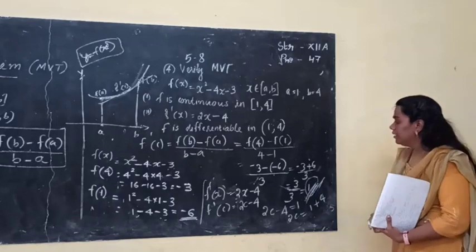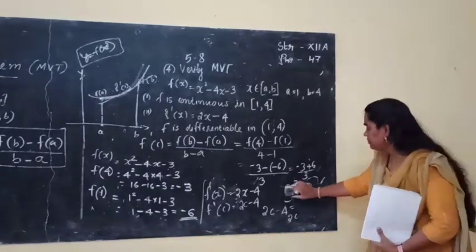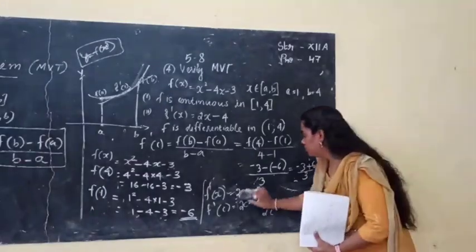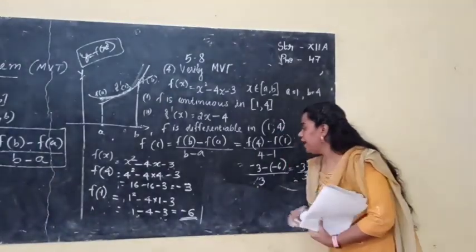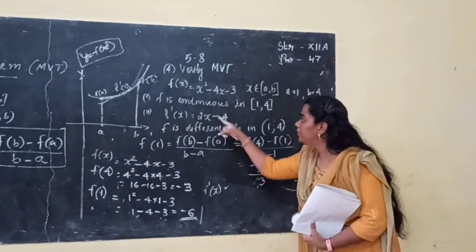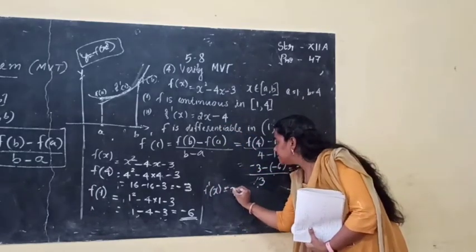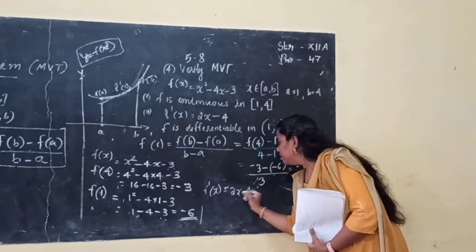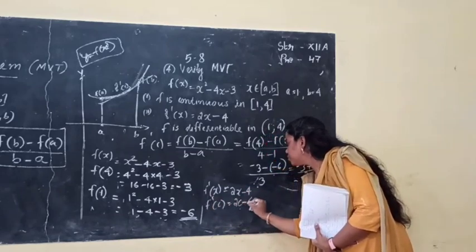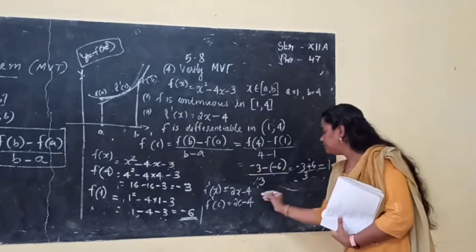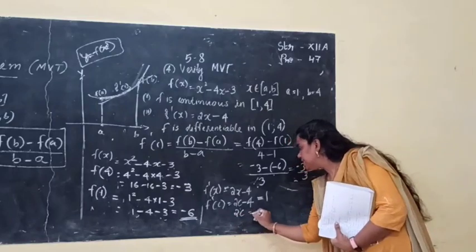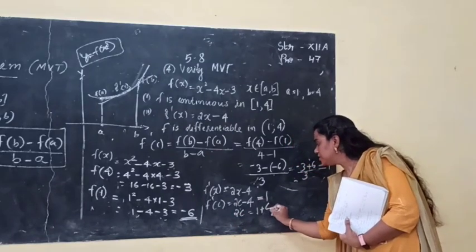I'll write this again. We got here it is 1. Now f dash x, we have already found it, 2x minus 4. Then what is f dash c? F dash c, 2c minus 4. And f dash c is equal to 1. 2c minus 4 is equal to 1. 2c is equal to 1, minus 4 on transposing is plus 4.